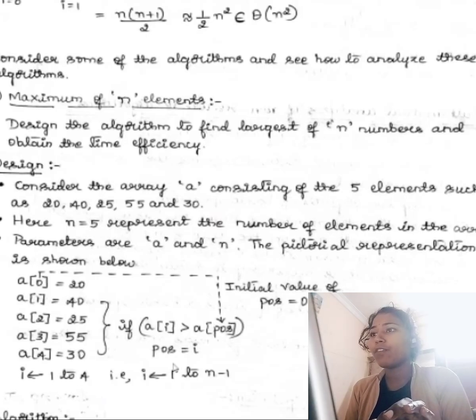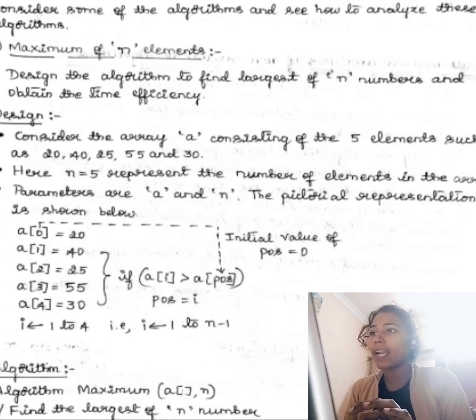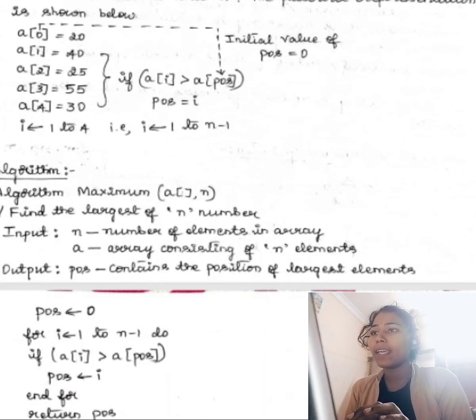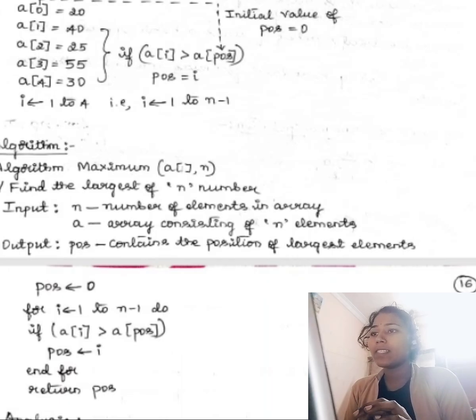Now see the algorithm for the maximum of n elements. Algorithm Maximum(A, n). A means the array consisting of n elements, n means the number of elements in the array, and position contains the position of the largest element, initially 0. Then I ranges from 1 to n minus 1.